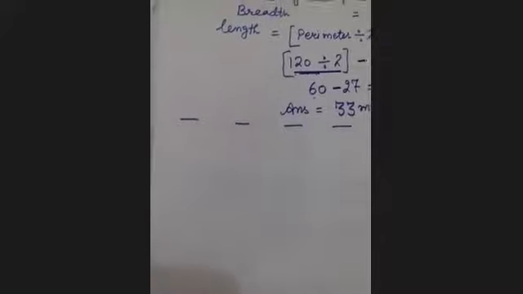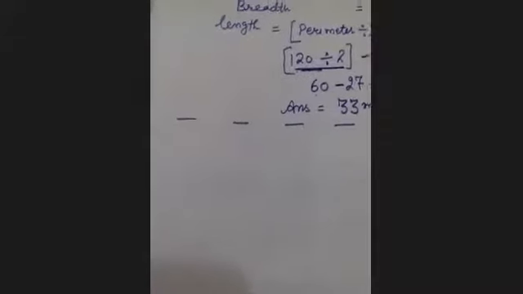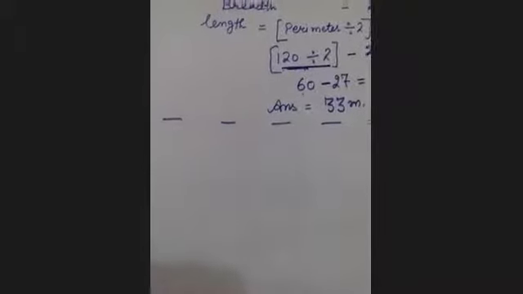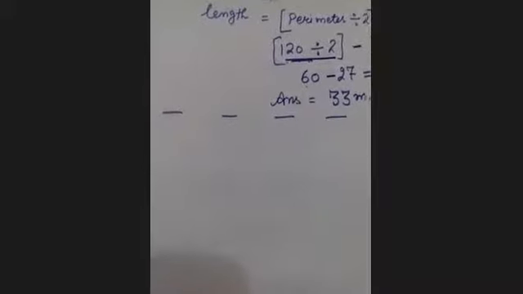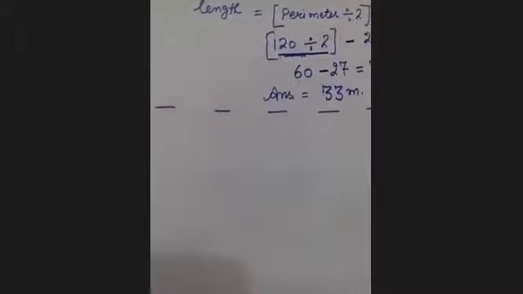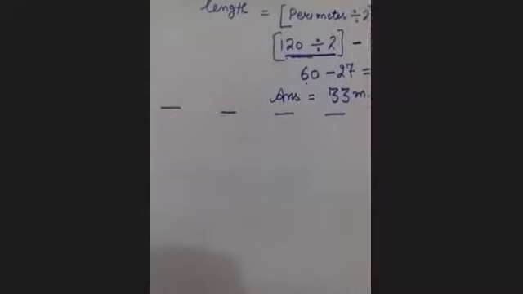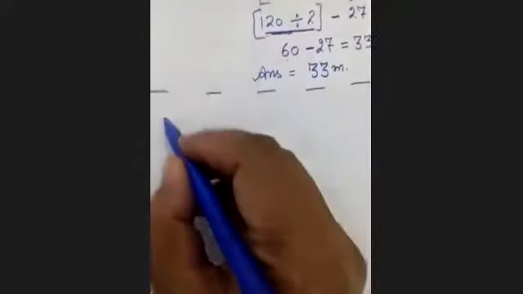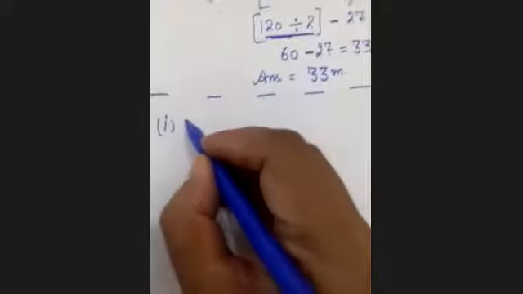Next point is perimeter. So what is perimeter? Length of a boundary line of any rectilinear figure is known as its perimeter. Now note these points.